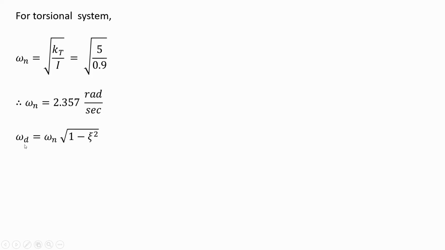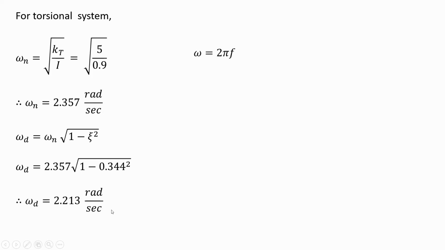Now damped frequency is omega n square root of 1 minus zeta square. Omega n just now we have calculated, that is 2.357. Zeta is also calculated previously as 0.344 and square of that, and we'll get the value of omega d as 2.213 radian per second.